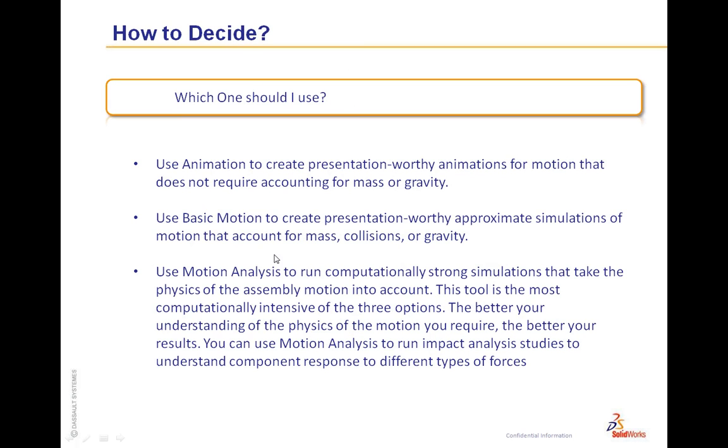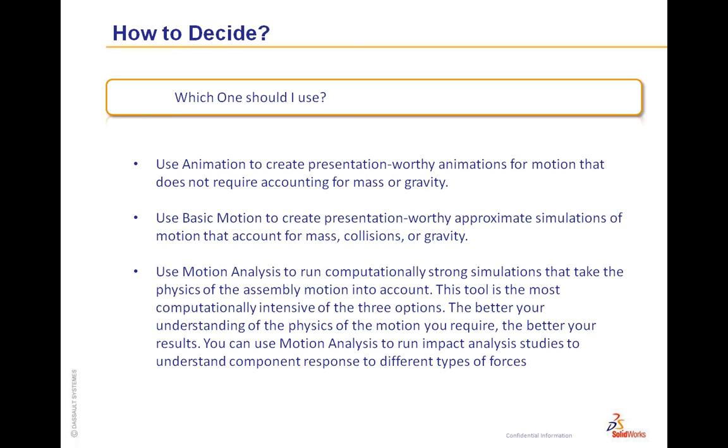How do I decide which one to use? First of all, animation by itself is just anything that doesn't require mass or gravity. It's more image creation, pretty picture type. That's where you get into animation. Basic motion is when you definitely need physics.